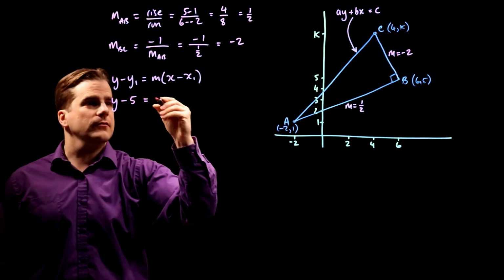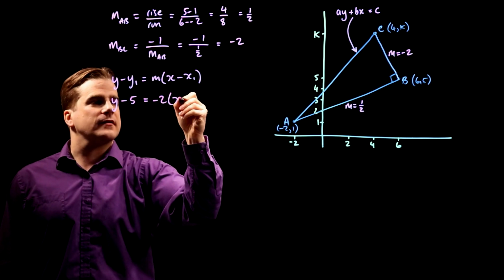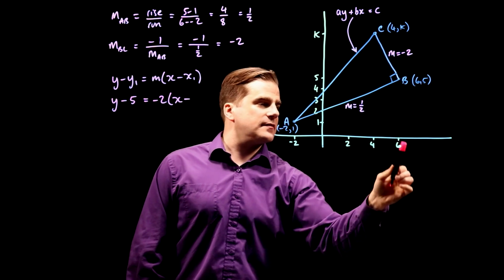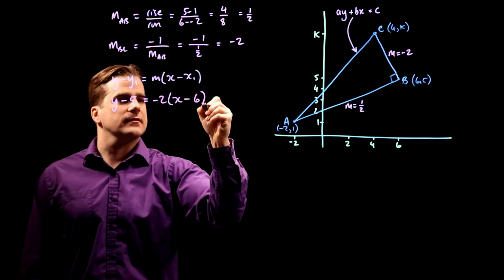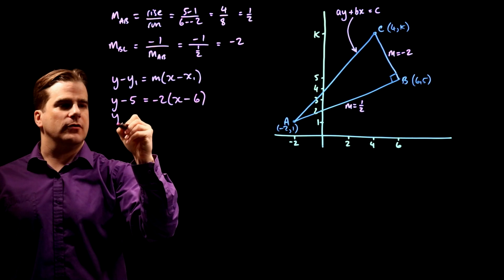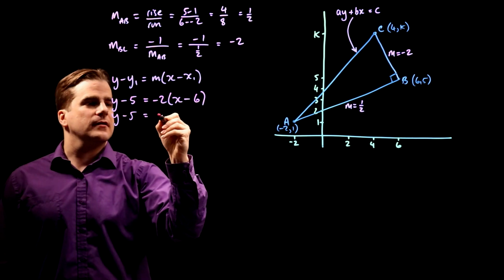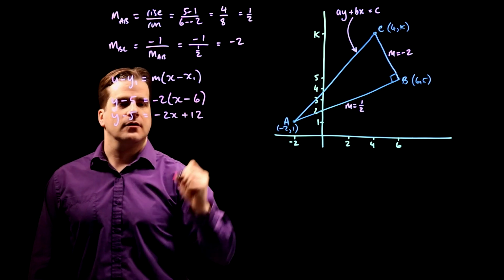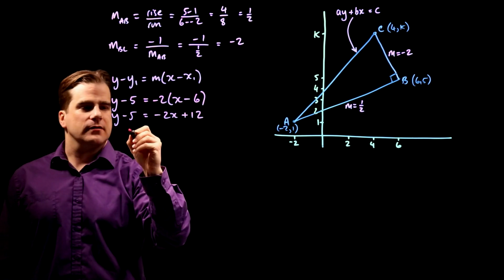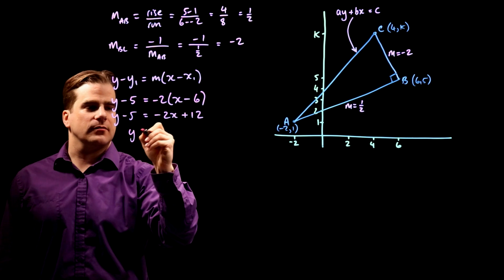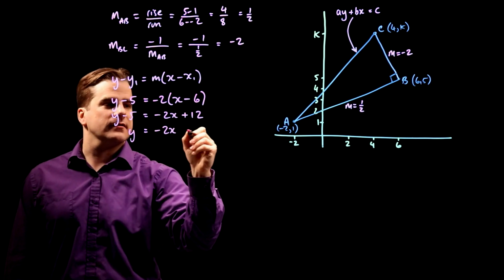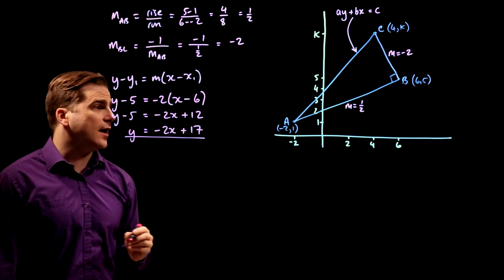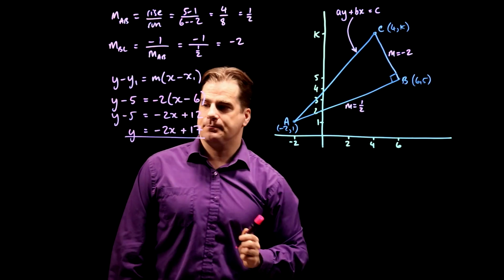Gradient is -2. x minus x1. The x is 6. -6. Okay? Therefore, y minus 5 is -2x. -2 times -6 is plus 12. So add 5 to both sides. y equals -2x plus 17. Great! We've got the equation of the line BC.